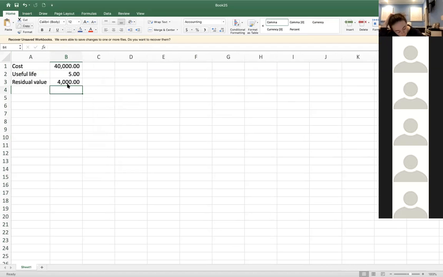So my residual value was 4,000. Now on January 1st, again, how convenient that they're both January 1st, the useful life estimate was changed to 10 years, and the residual value was also changed.